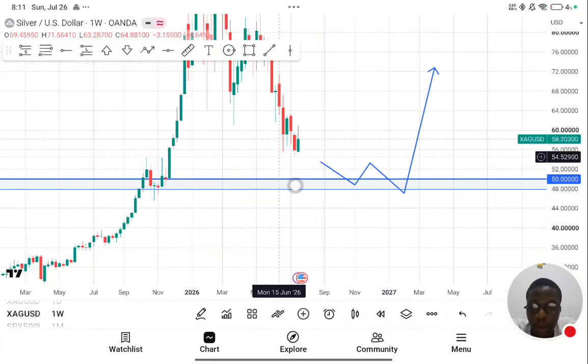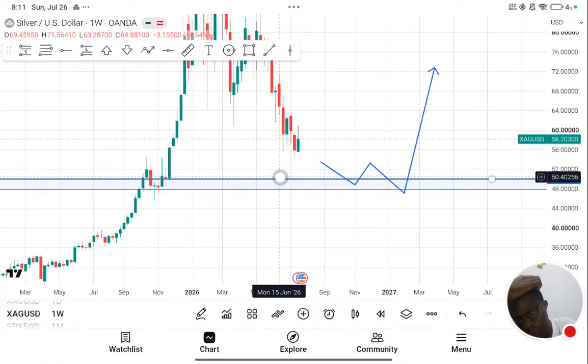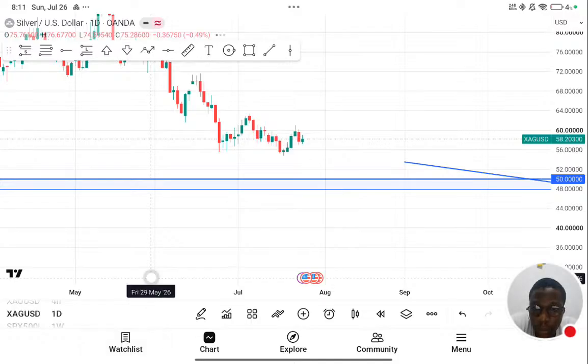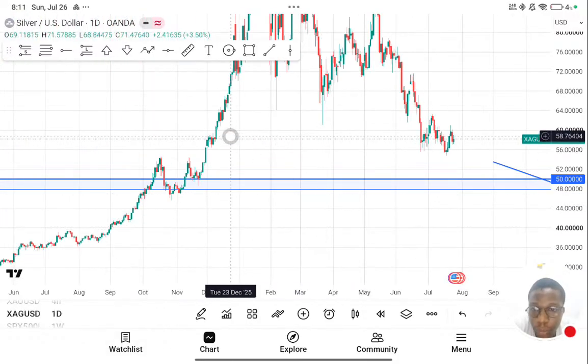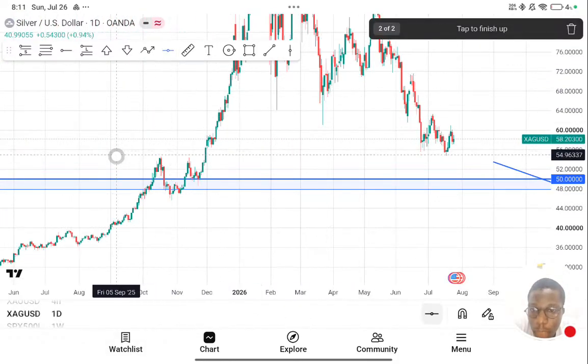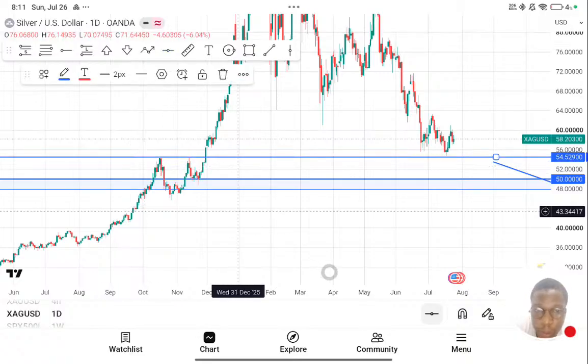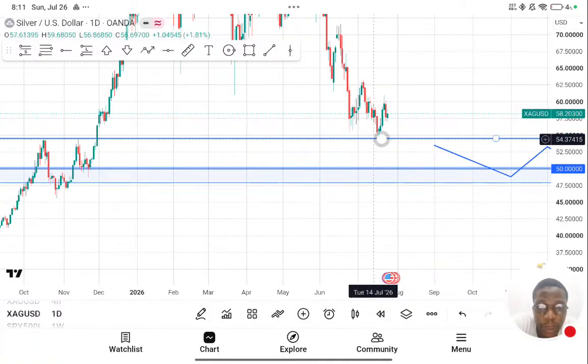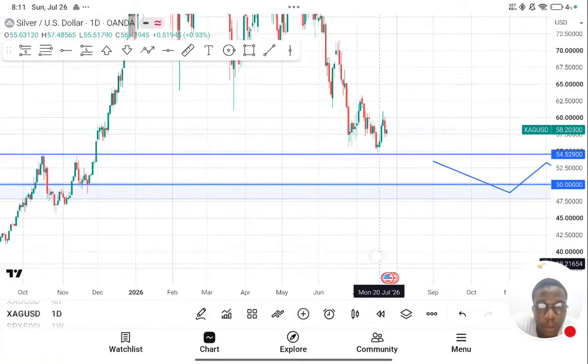So there's more potential. We are bearish on silver too. This level of support, yeah, it's been reacting, 54.